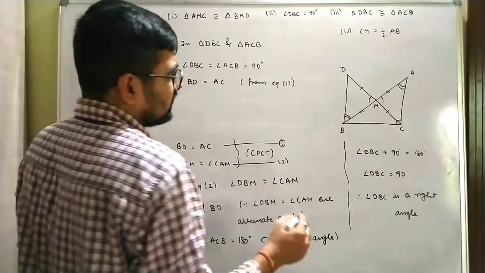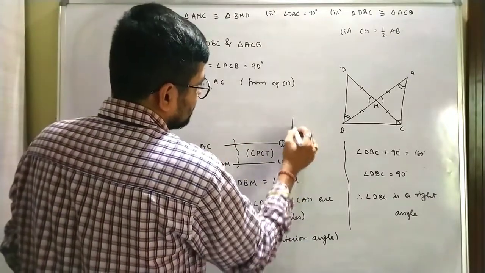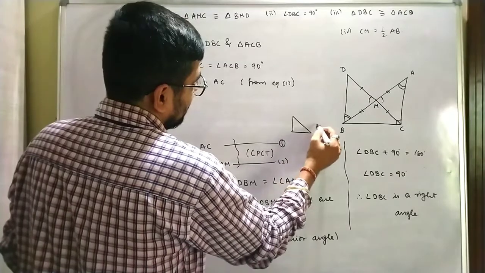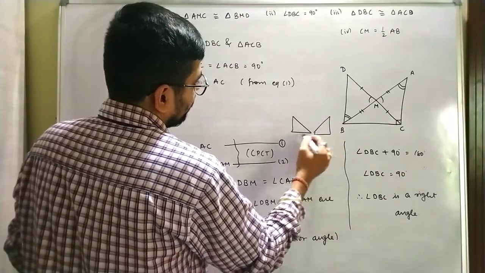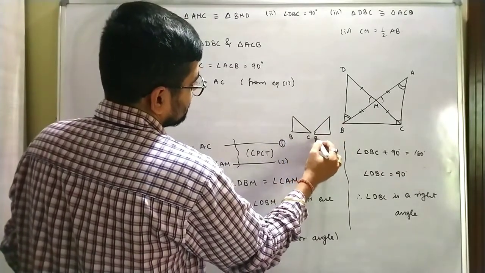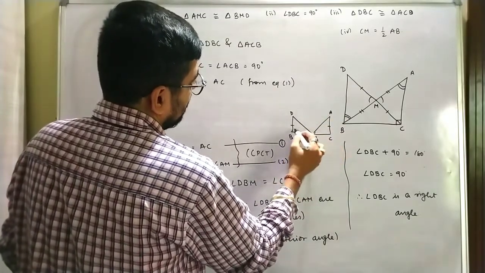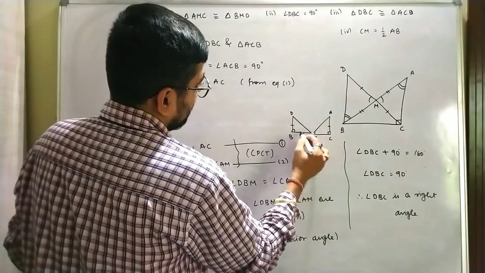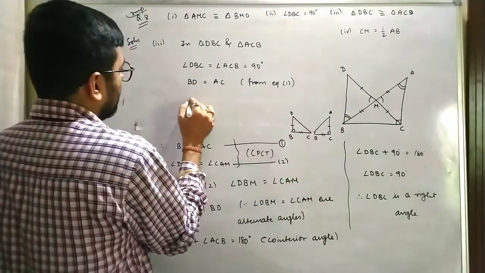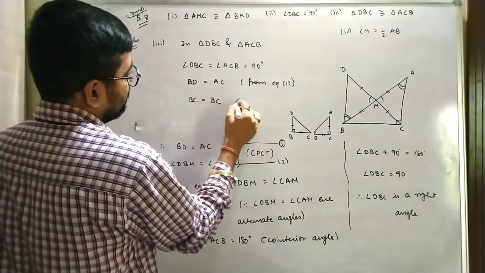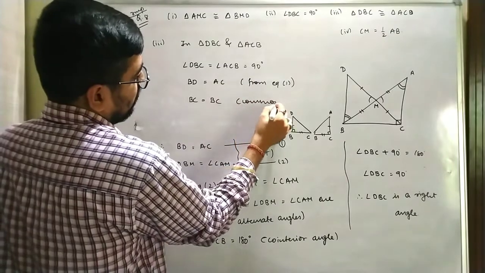So one more thing we have, if you observe carefully, see these are the two triangles, 1 and 2, in which there is B, C, B, C, and A and D. Correct. We know these two angles are equal, and I know this BC is common definitely, so BC is equal to BC, which is common.